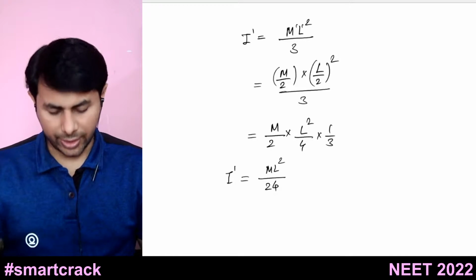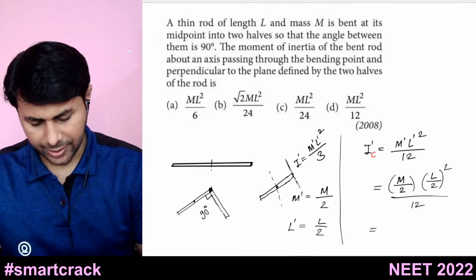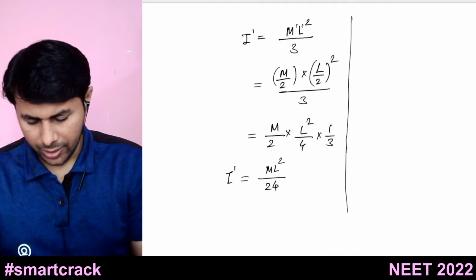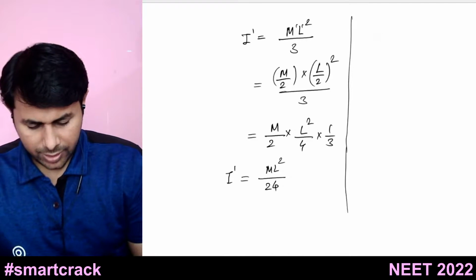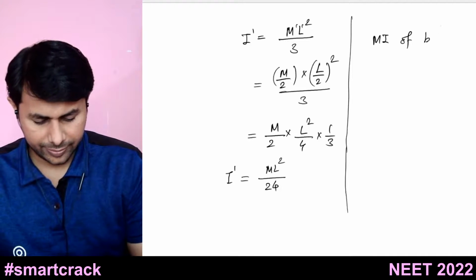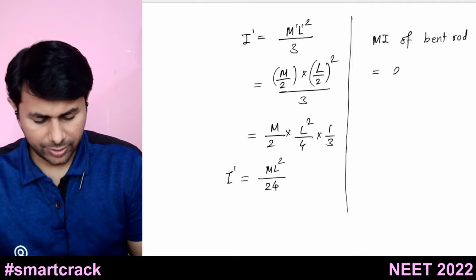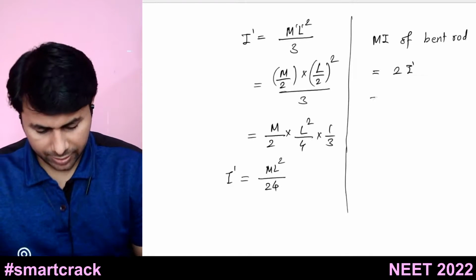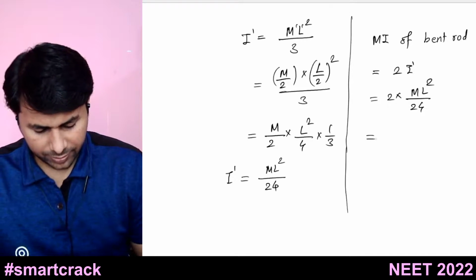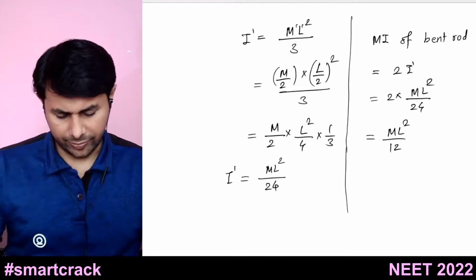And we have two such rods, because we have bent this big rod into two parts. So the moment of inertia of the bent rod will be equal to 2 times I dash, which is 2 times ml square divided by 24, and that is ml square divided by 12.